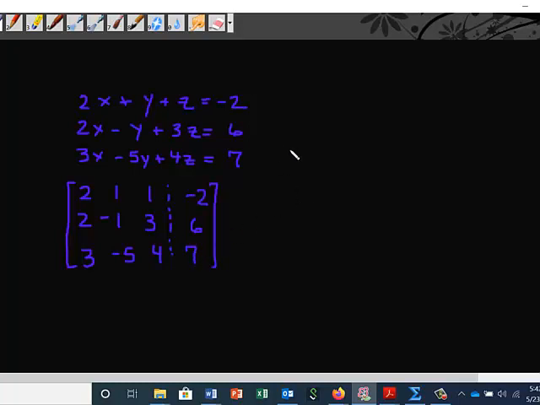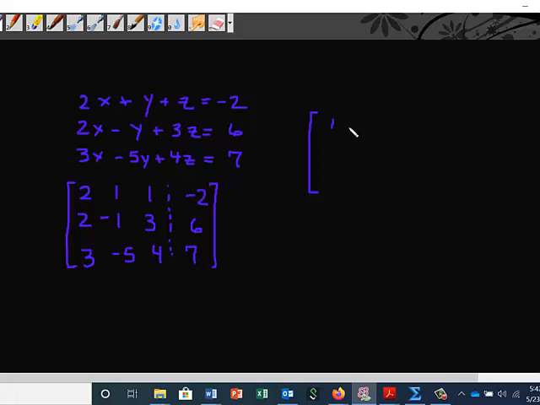Now remember from what I mentioned in the last video. Let's just pretend, basically, to show what an upper triangular matrix looks like.